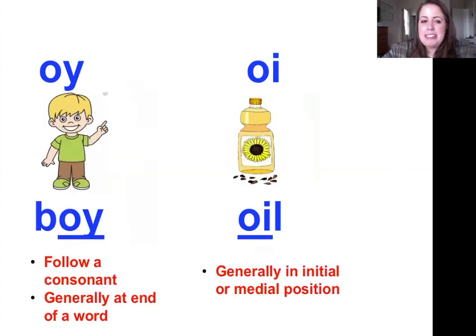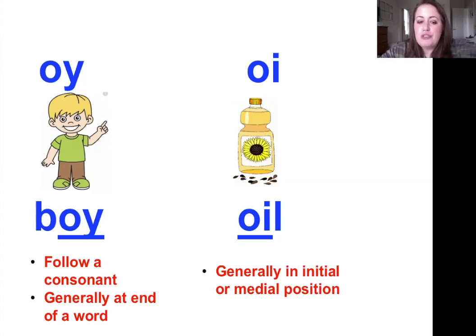Digging a little bit deeper and thinking about where we would see these patterns used in words. The OY pattern, as in the word boy, will follow a consonant. Remember, a consonant is any letter that is not a vowel.